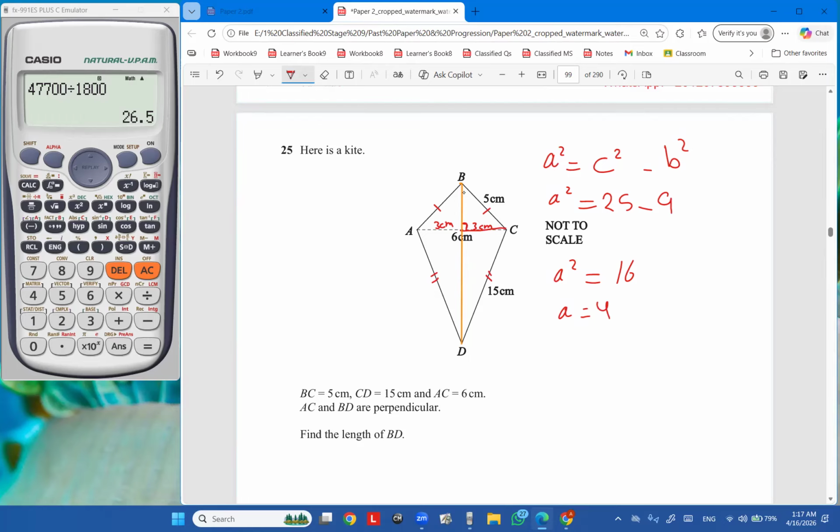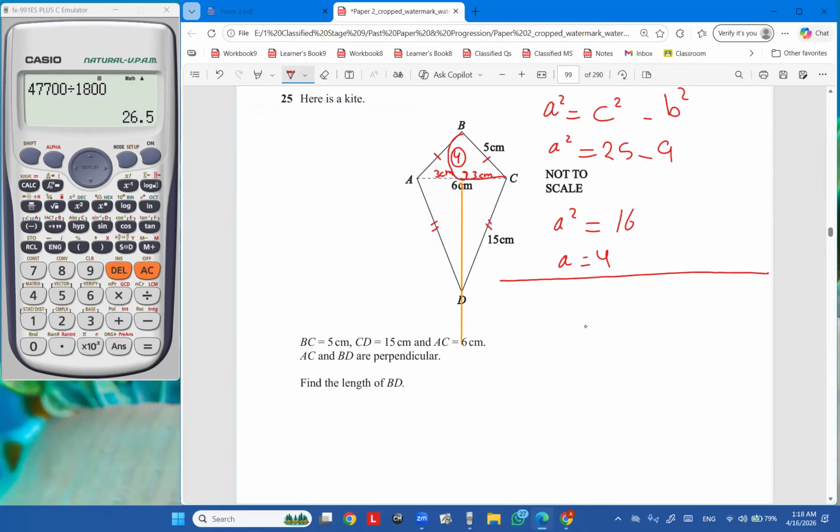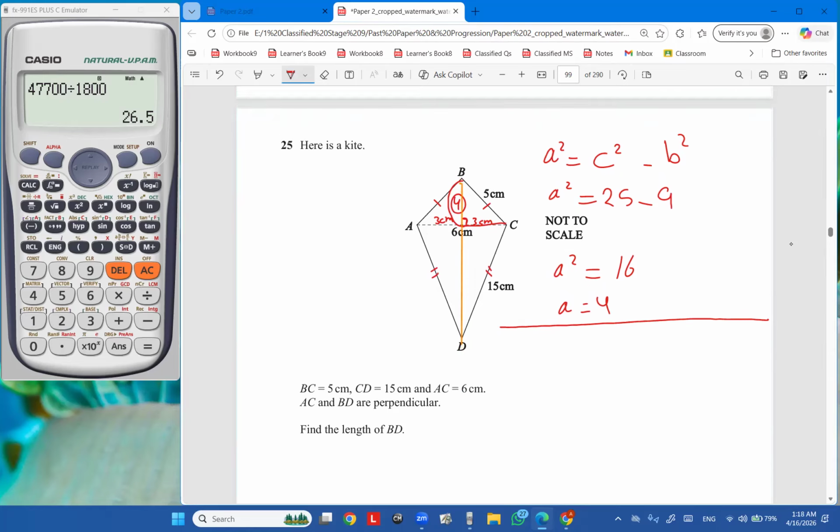So now we know that this one over here is exactly 4 centimeters. But I still don't have the rest of BD. So I'm going to do the same thing exactly over there with the rest of BD.